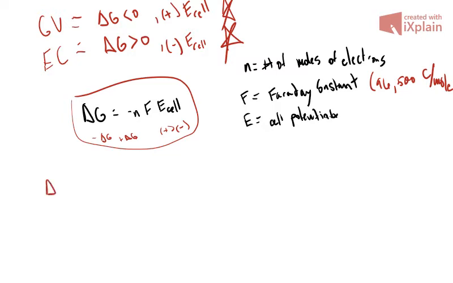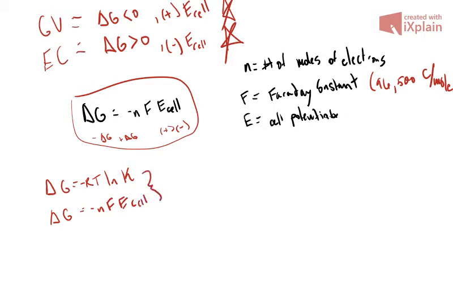So we have delta G is equal to negative RT times natural log of K. And then delta G is also equal to negative NF E cell.